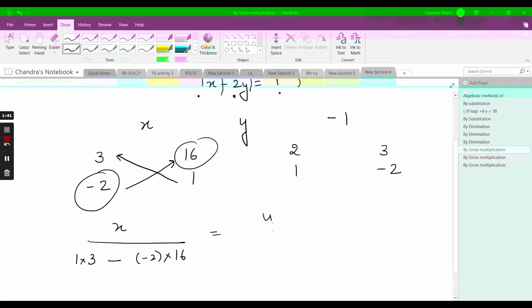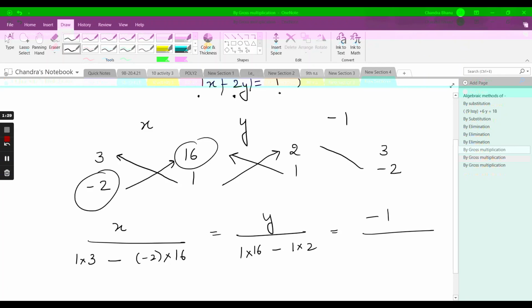Same thing applies here. y upon 1 into 16 minus the product of these two terms. Minus 1 upon 2 into minus 2 minus the product of 1 into 3. It will always be left to right and then right to left.